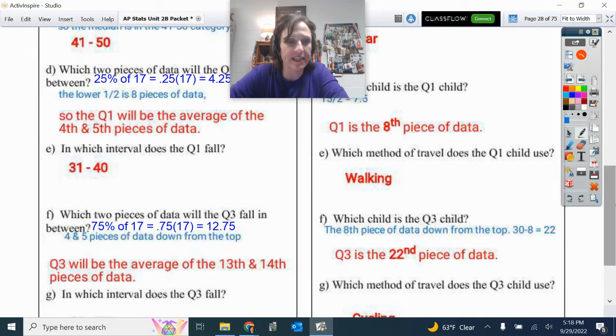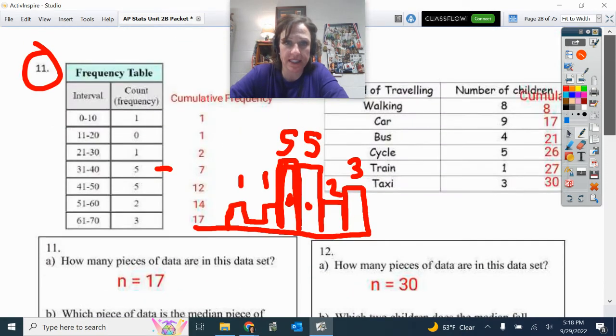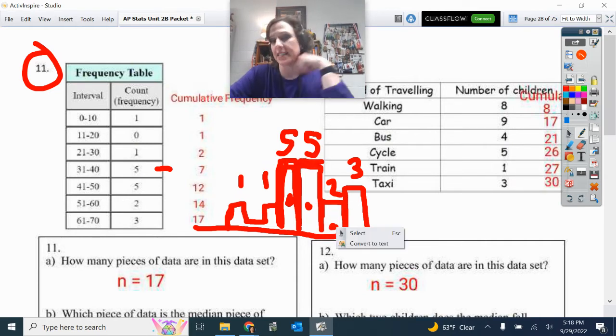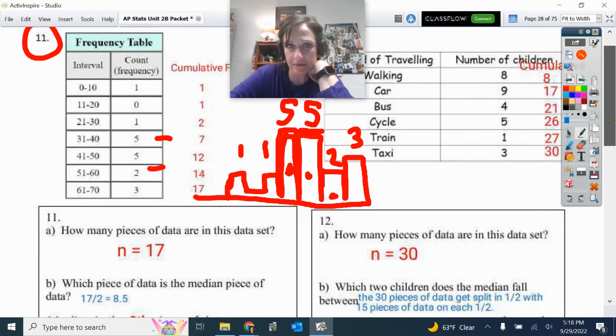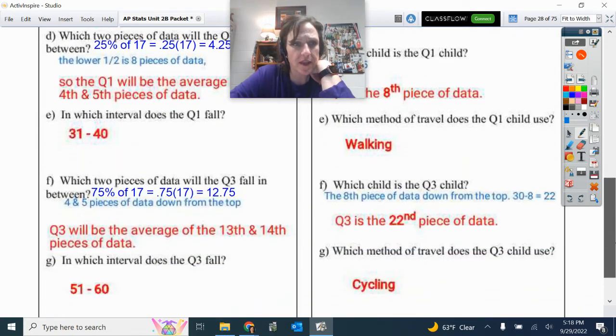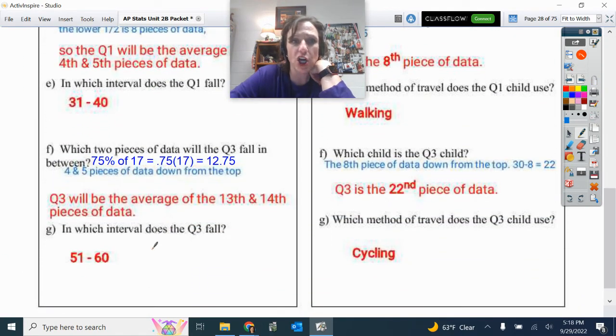And then if we did the 75th percentile of 17, that's at 12.75. So let's see where that takes me. This bar takes me to 12, so to be a little further in, it's got to be in that bar from 51 to 60. So that's where we have our Q3 falling.